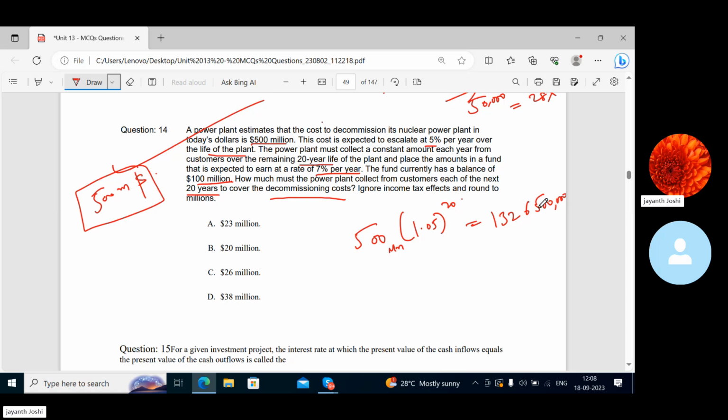Yeah, 1326 you told, right? We'll keep it 1326. No problem to keep it simpler. Now, this is what the cost is going to be, correct?